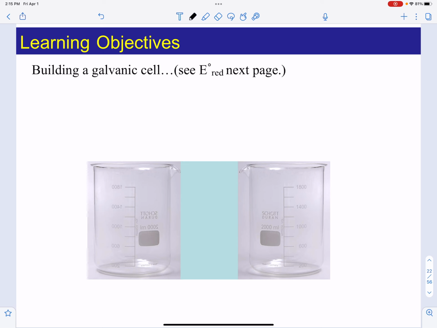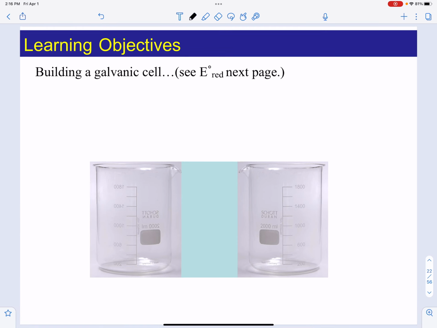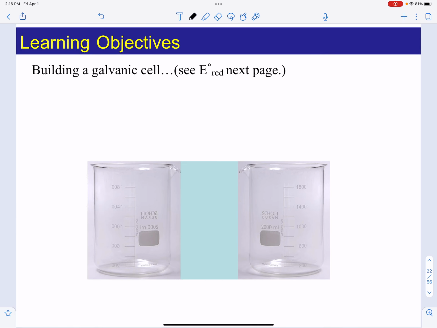Then we are going to put a piece of metal in the container. So we're going to put a piece of metal inside the container and another piece of metal inside the other container.